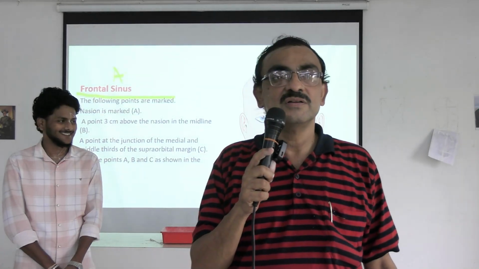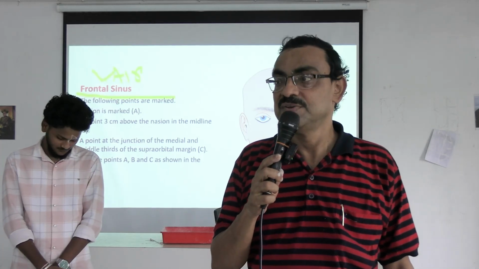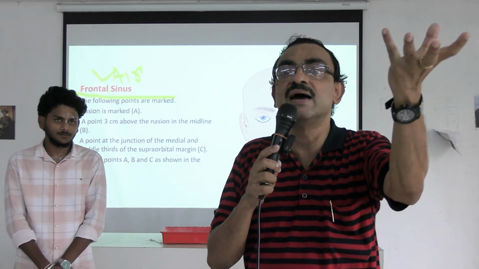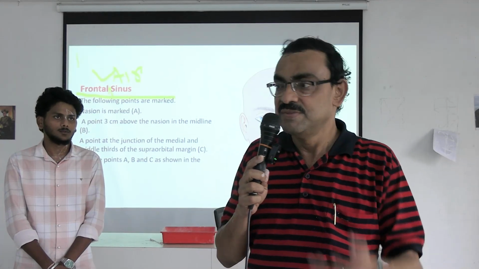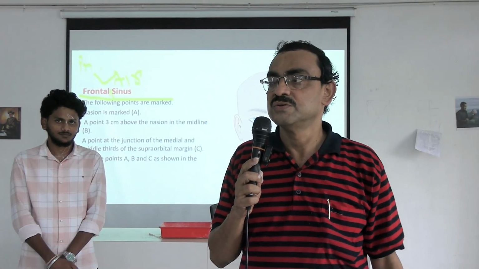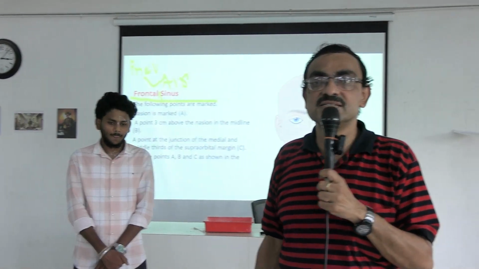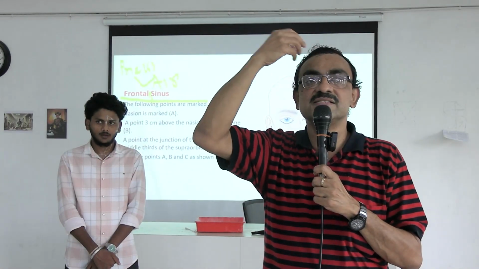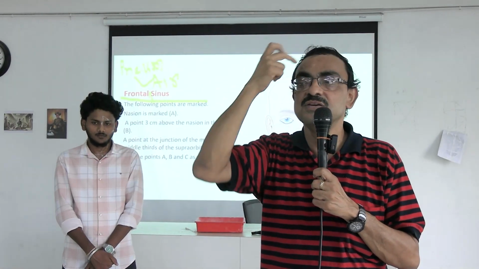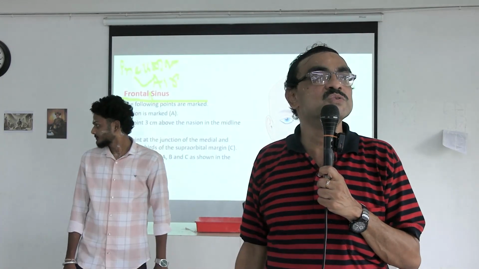And we know the pneumatic bones. Pneuma means air. These bones around the nose, around which we get the paranasal sinuses, and these paranasal sinuses are present within different bones. So these bones are called pneumatic bones.